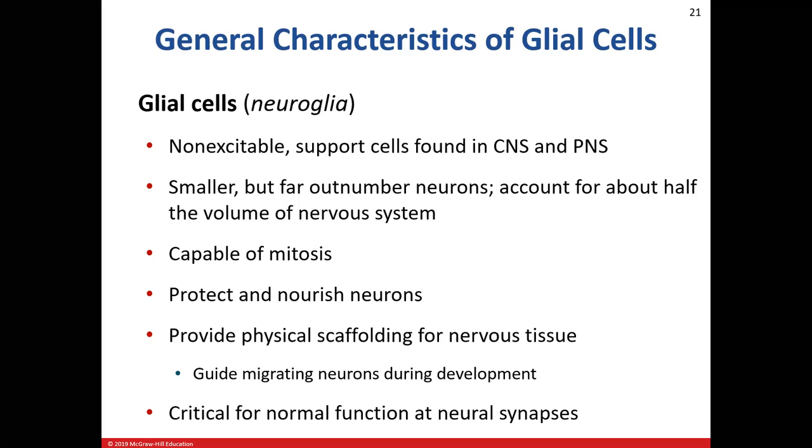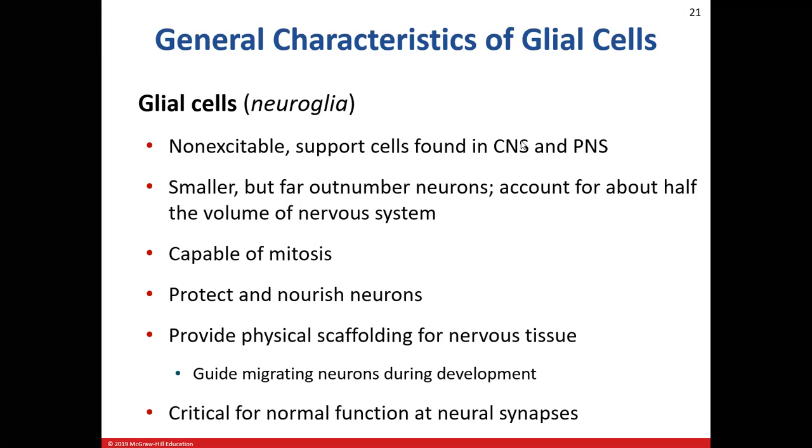But they do support the cells found in the CNS and the PNS. They are smaller than our neurons, but they far outnumber them, and they account for about half of the volume of the entire nervous system. These cells are capable of mitosis, and they help to protect and nourish the neurons so that the neurons are able to continuously function the way they're supposed to.